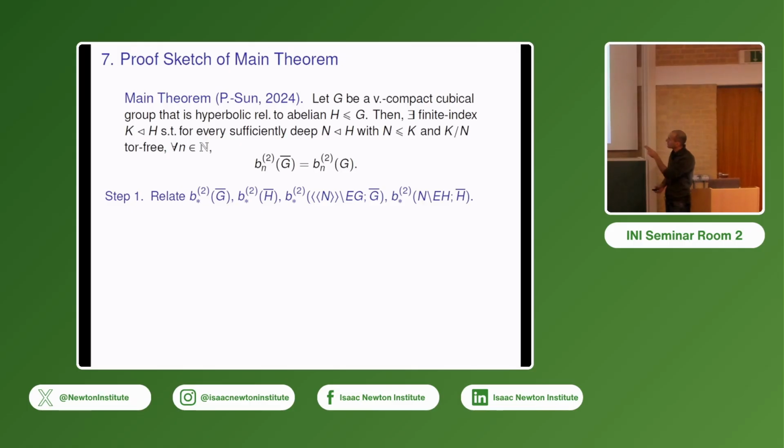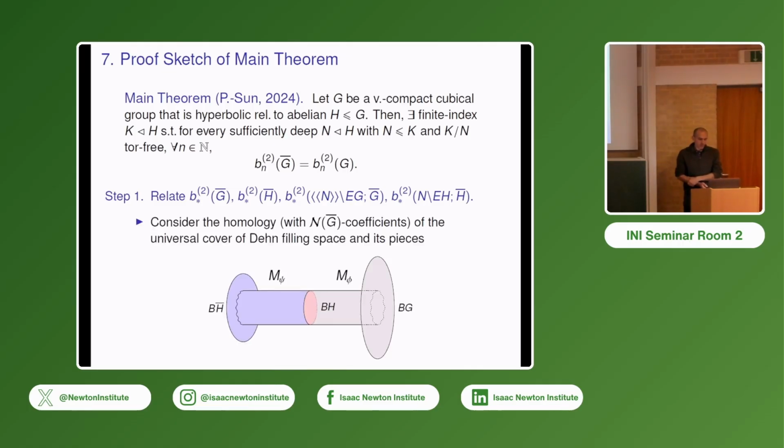So how do we relate L2 numbers of G bar, H bar, and these G-spaces? You consider the Dehn filling space. You look at its universal cover. So think about these pieces. They will lift into certain equivariant spaces. And you take homology of these with NG coefficients.